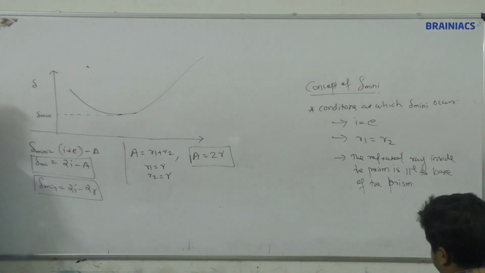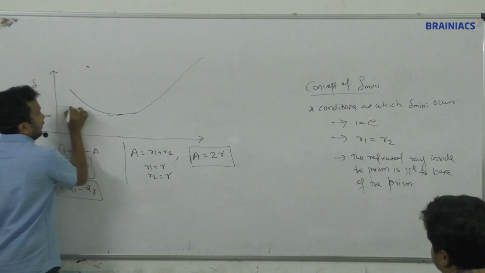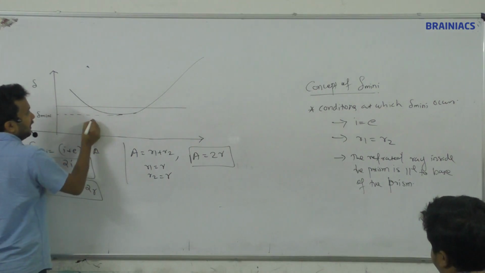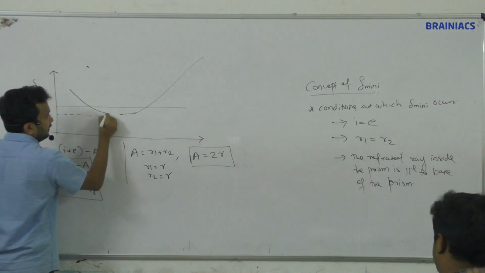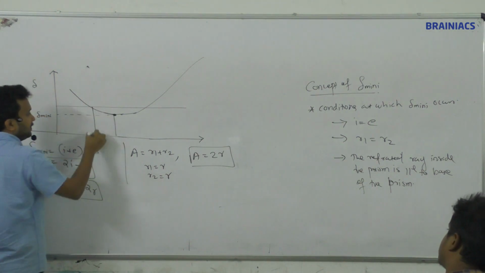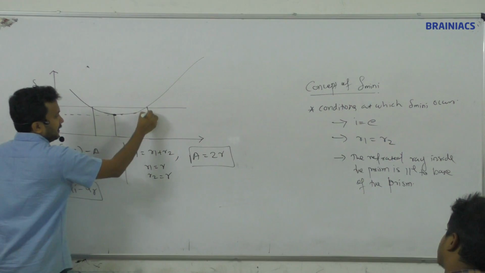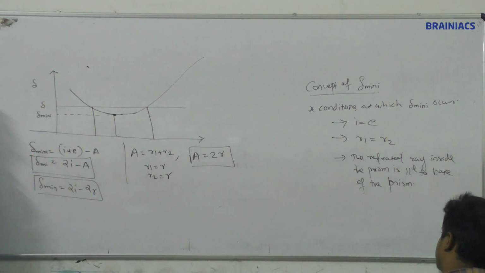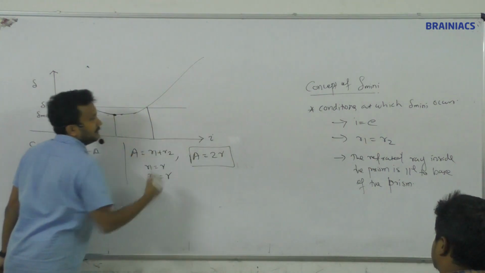But one speciality in this graph is that if you draw another line, for example, I am drawing another line like this, then this line cuts the graph at two points, and this is my minimum point. This is the first cut, and this is the next cut. So for this delta value, there are two angles of incidence. This is the I axis, the angle of incidence.